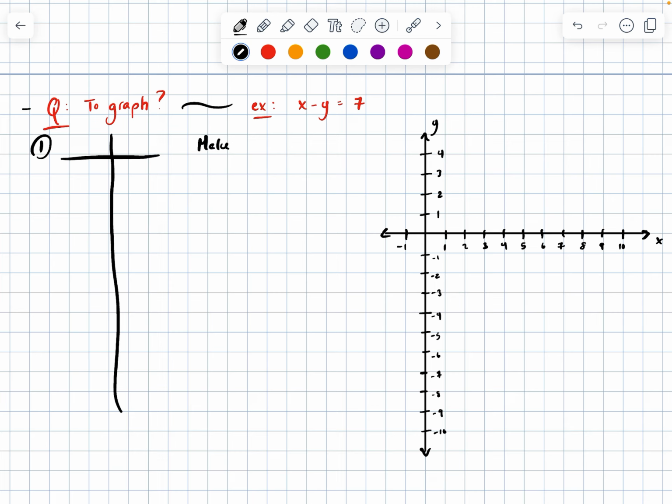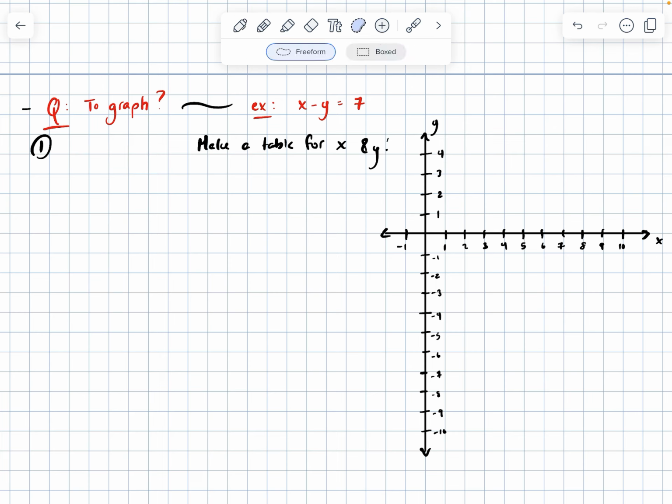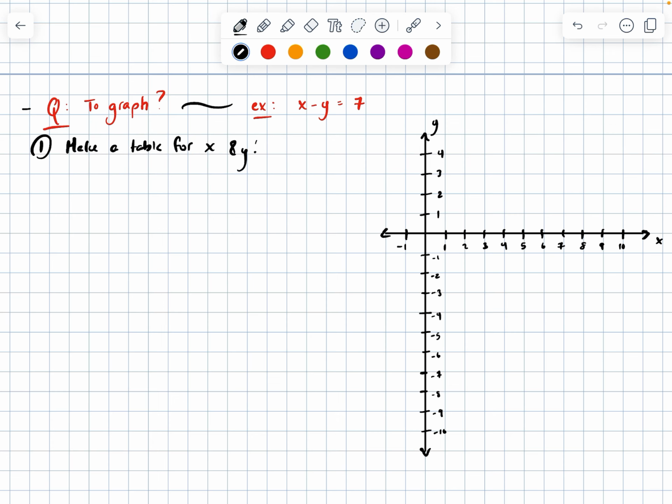The first thing I usually want to do, we're going to pretend that this is a nice straight line, is make a table of values. So my first thing, I'll write it down. I want to make a table for my x values and my y values. Now, I'm actually going to take this chart and expand it a little bit. I'll move this over here just to make things look a little bit nicer.